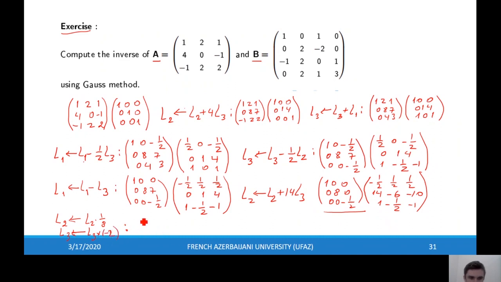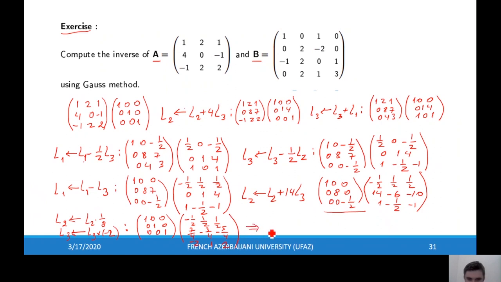Then from here, it will be 1, 0, 0, 0, 1, 0, 0, 0, 1, and minus 1 over 2, 1 over 2, and 1 over 2, 7 over 4, minus 3 over 4, minus 5 over 4, minus 2, 1 and 2.